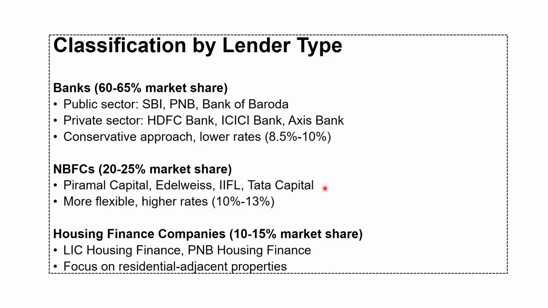The answer would be to consider approval speed, maybe the kind of documents you have with you. Banks would be stringent in their checking, and that may not be the case with NBFCs. There can be multiple reasons, but these are some prominent ones.